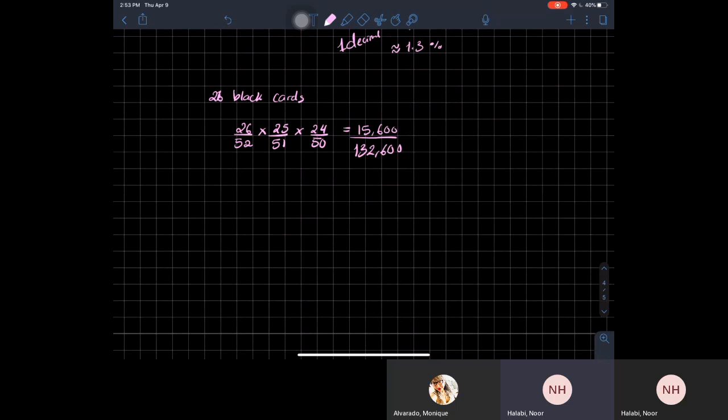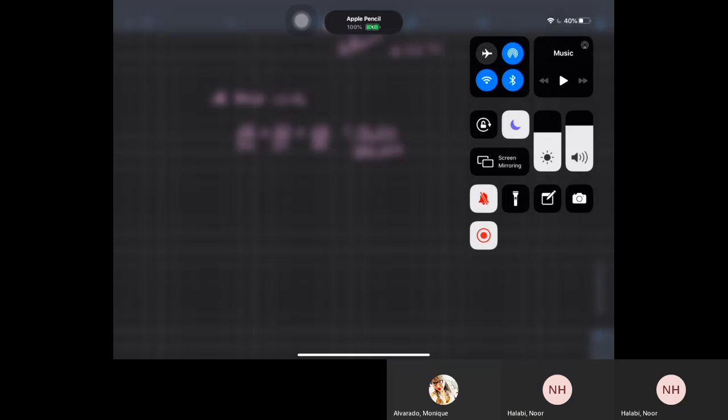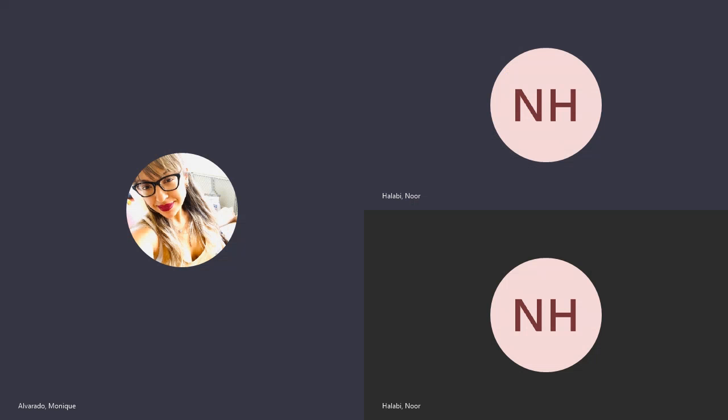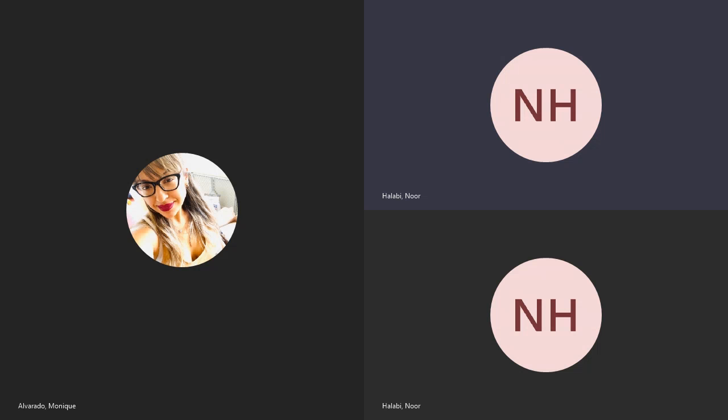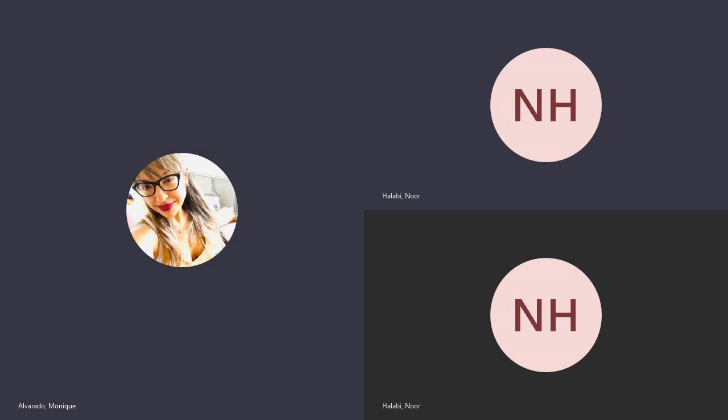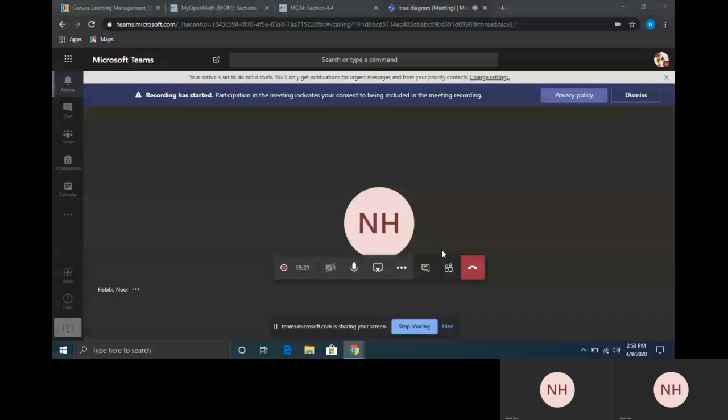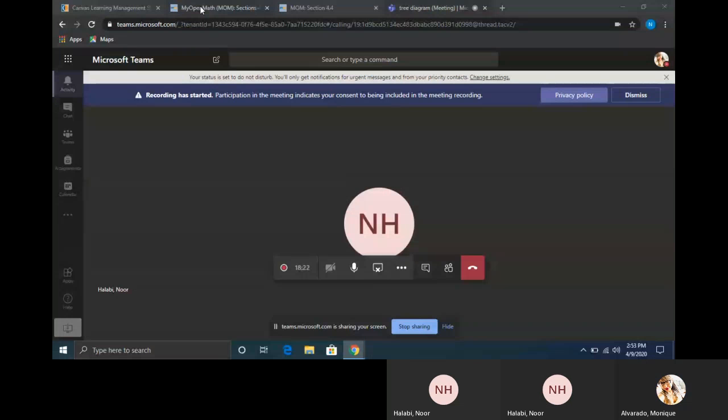So now we're going to have to put that into your thing because it said not simplified. So that would be dividing those two. I got 0.11.